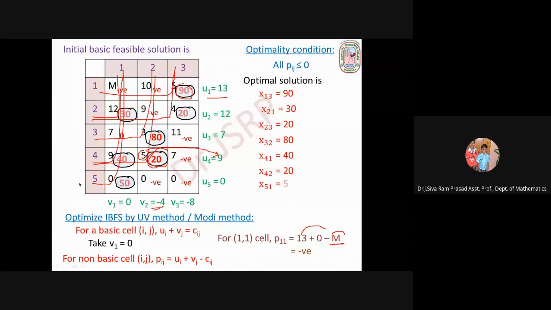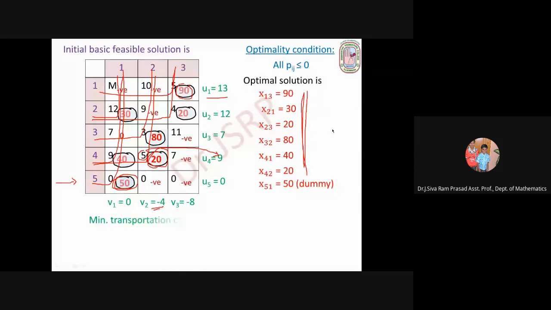So this is dummy. So x51 is a dummy cell, since this is the dummy row. Okay, so this is the optimal shipment.